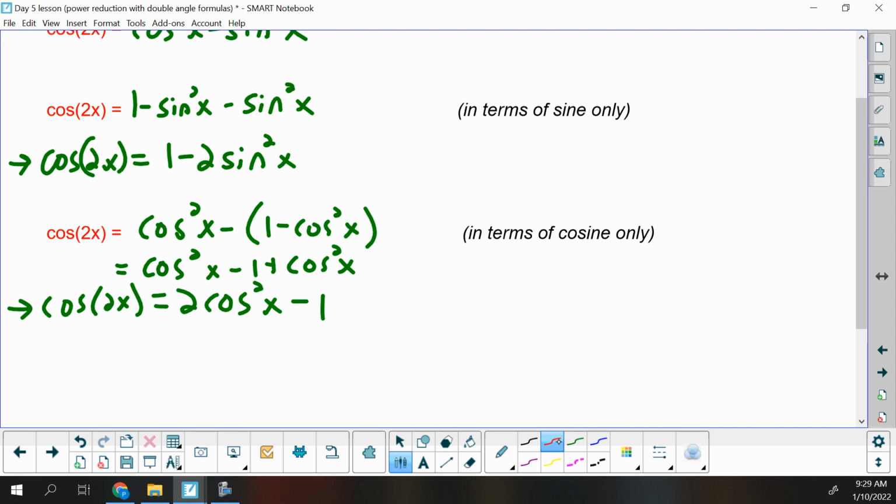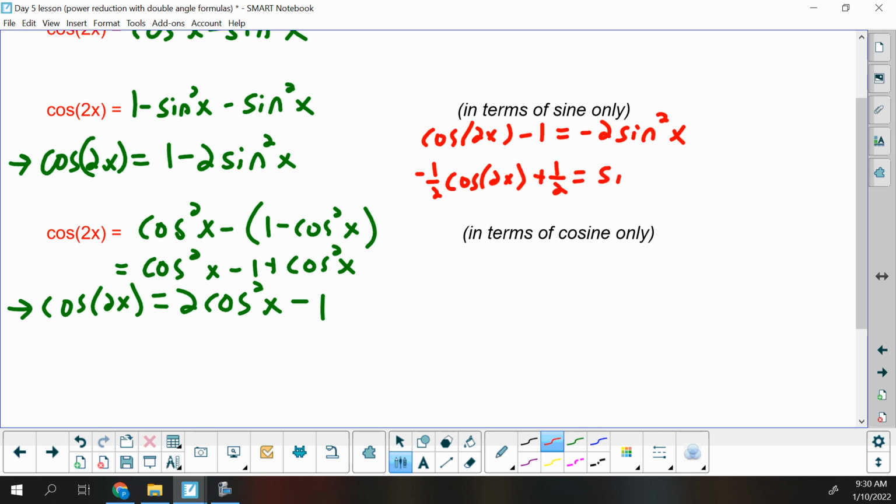Well, to start out, in that cos 2x equals 1 minus 2 sine squared x, let's subtract the 1 over. So that would give us cos 2x minus 1 equals negative 2 sine squared x. And then if you divide everything by negative 2, we'll get negative a half cos 2x plus 1/2 is equal to the sine squared x.